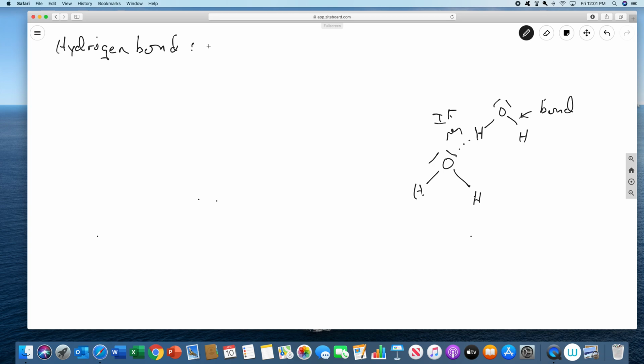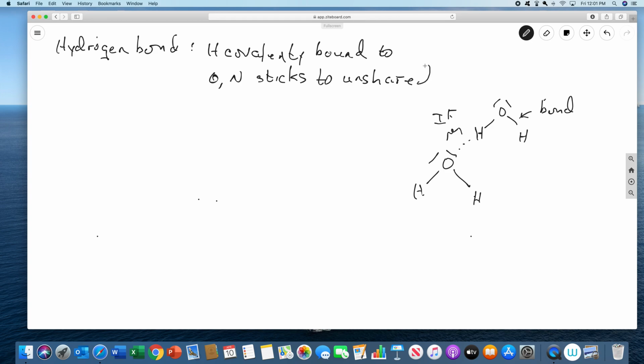It's specifically when hydrogen covalently bound to O or N sticks to an unshared pair of electrons in another molecule.